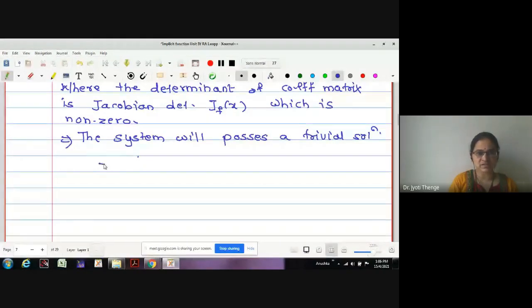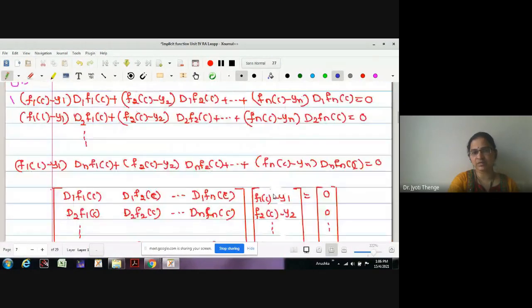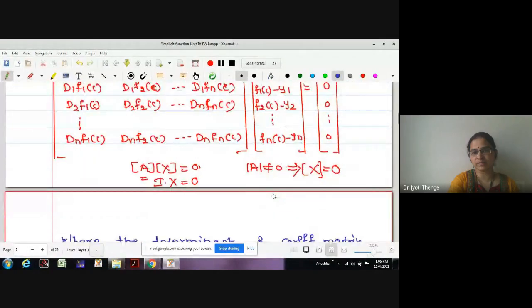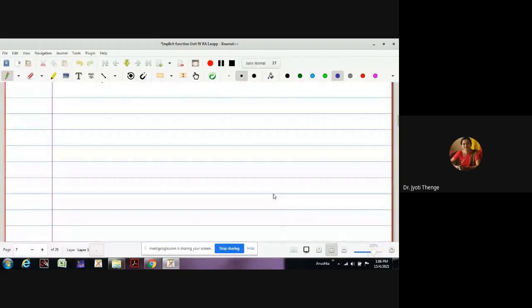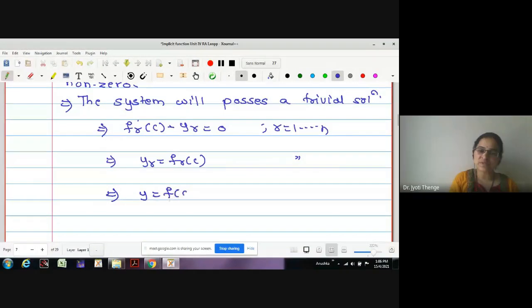What are the variables? Is it fr(c) minus yr is equal to 0 for r equals 1 to n? Check what are my variables. Variables are f1(c) minus y1, f2(c) minus y2, up to fn(c) minus yn, and they are all 0, proving yr is equal to fr(c), where these are coordinate-wise equality of the two vectors y is equal to f of c.